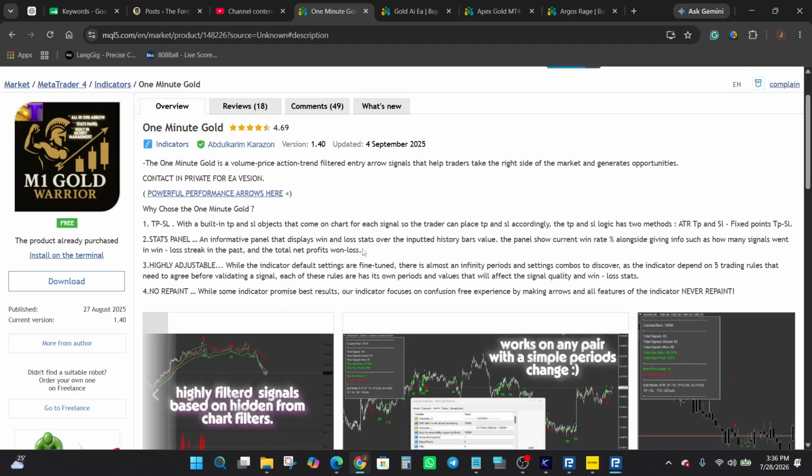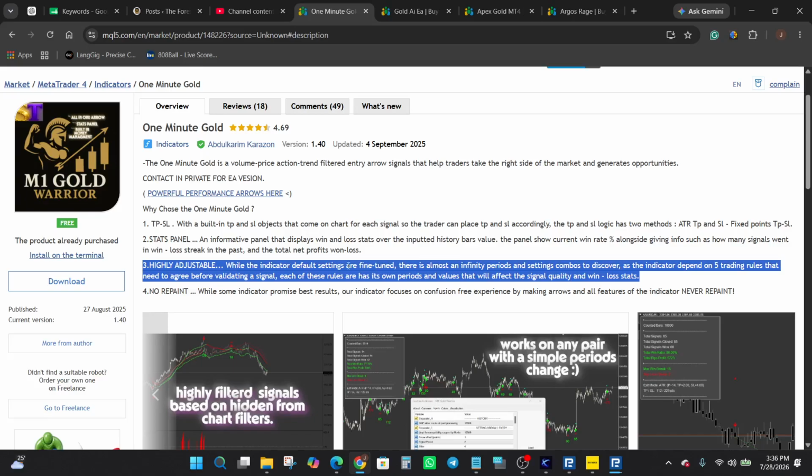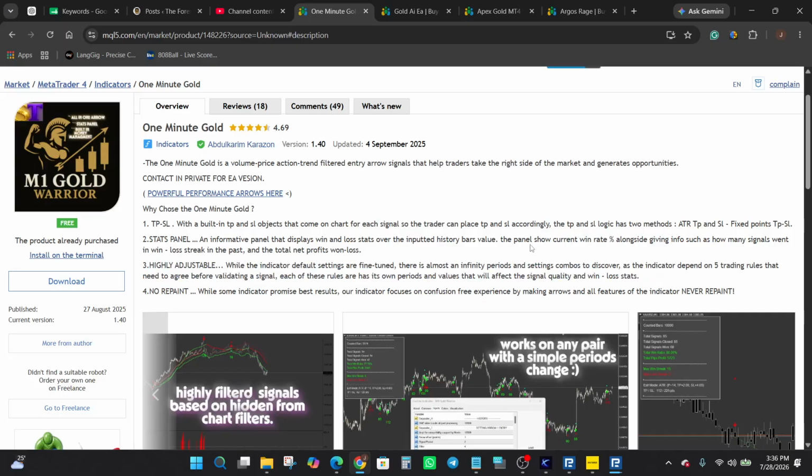Another point the developer emphasizes is customization. The description explains that while the default settings have already been fine-tuned, the indicator includes many adjustable parameters. According to the developer, the signals are validated only after 5 different trading rules agree, and each of those rules has settings that can influence signal quality as well as the historical statistics shown on the panel.